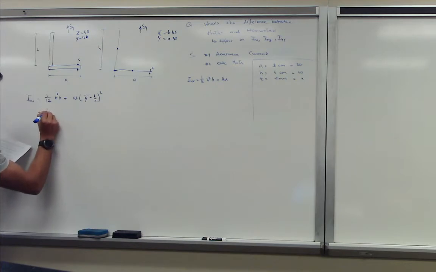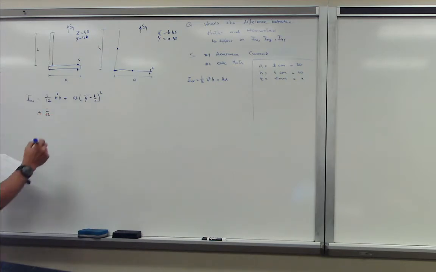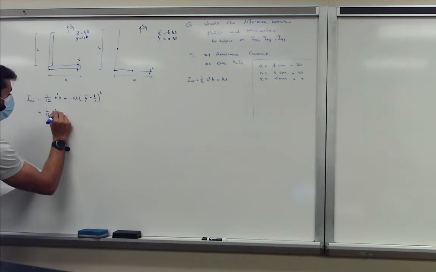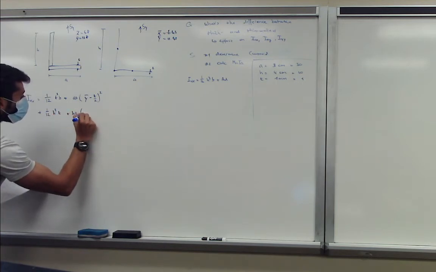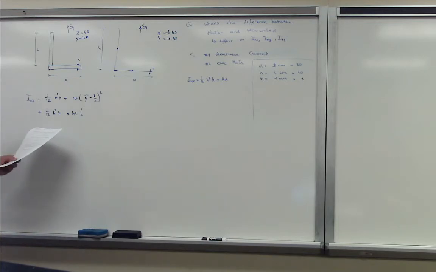And now we can do the same for the top one. That's plus 1 over 12 h cubed t plus ht multiplied by y bar.